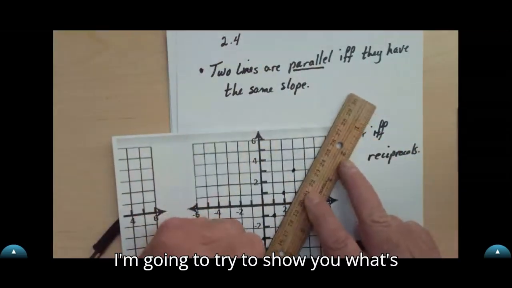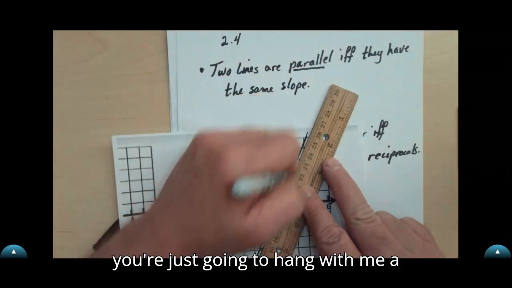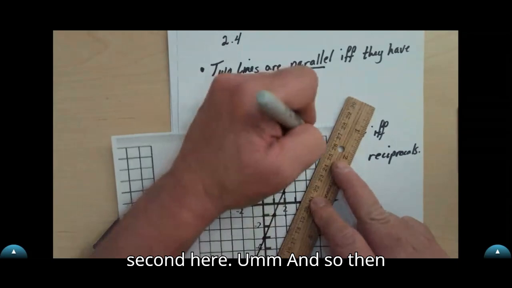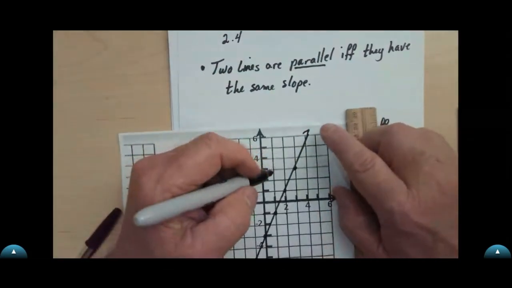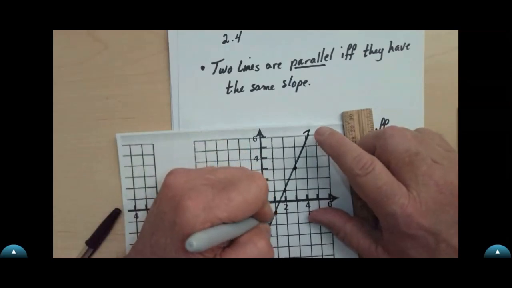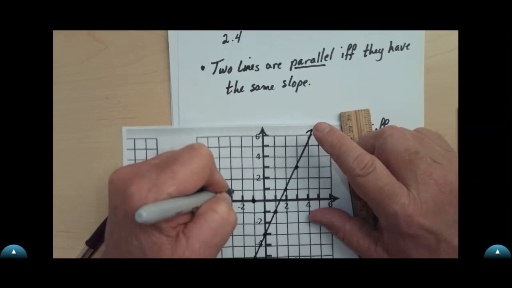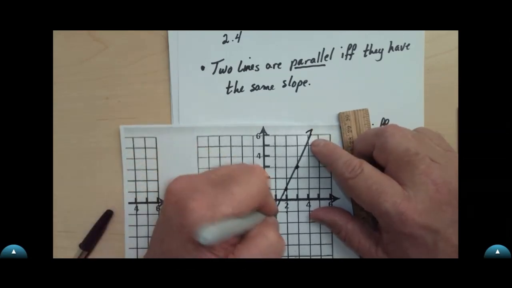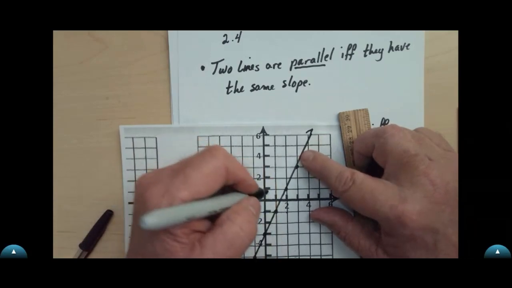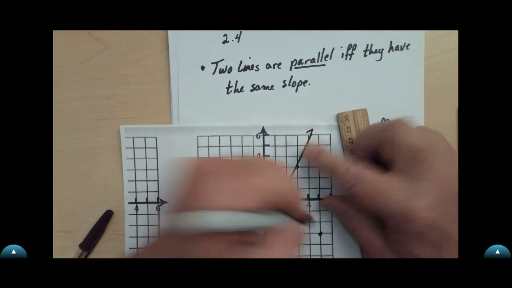I'm going to try to show you what's happening with perpendicular lines, if you're just going to hang with me a second here. And so then if you had one that had a slope of -1/2, that means you go left 2 and up 1, left 2 and up 1, or you go right 2 and down 1, right 2 and down 1.